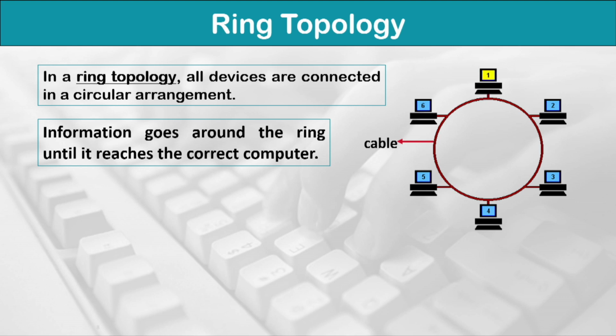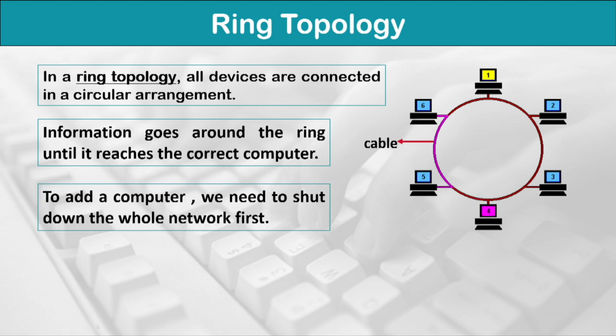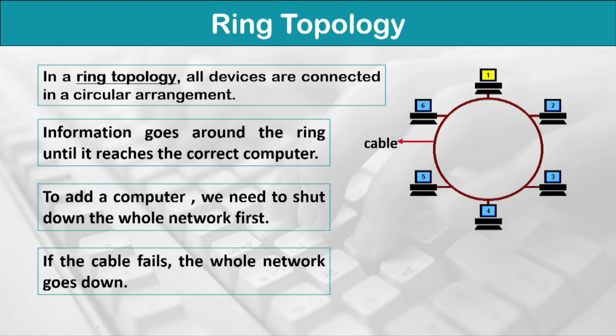For example, if node 1 sends a message to node 4, the message passes through node 2 and 3 to reach node 4. To add a computer, we need to shut down the whole network first. And finally, if the cable fails, the whole network goes down.